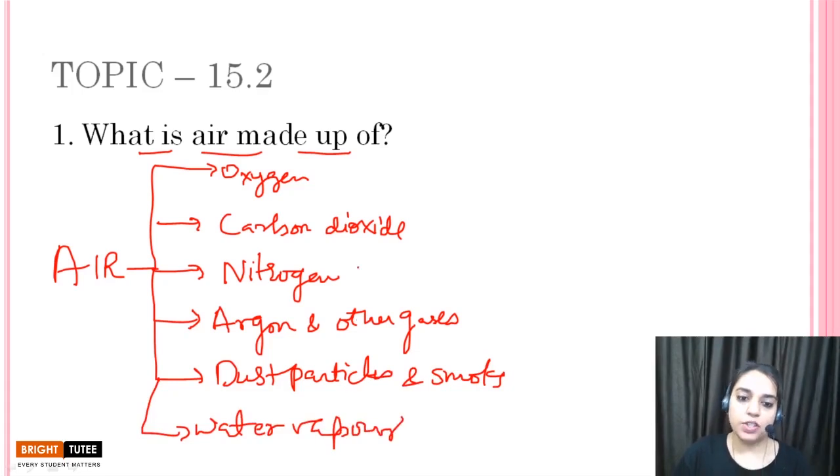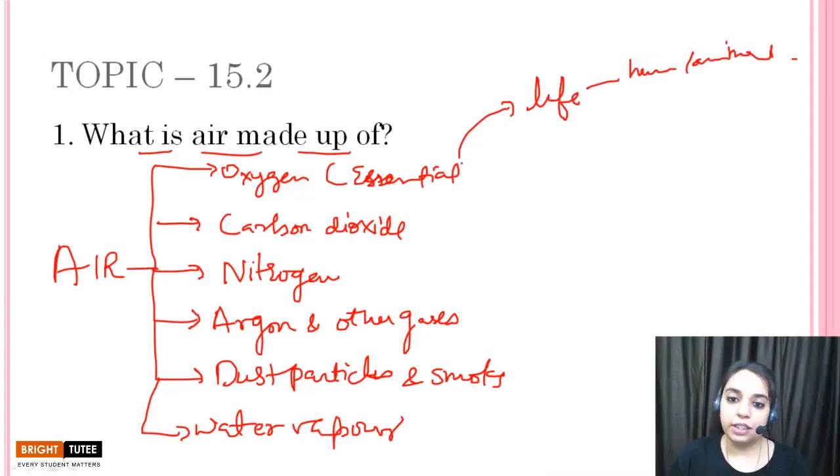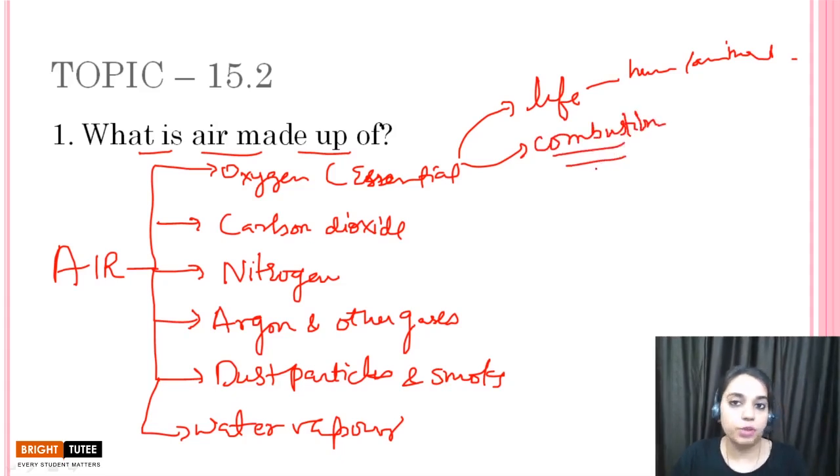So children, oxygen is an essential gas which supports life on earth. Why? Because both humans and animals require oxygen for breathing. Then it also supports combustion. We can burn anything only because of the presence of oxygen. If oxygen wasn't there, we wouldn't be able to burn anything. We wouldn't be able to cook anything.